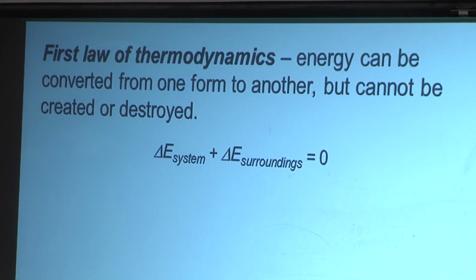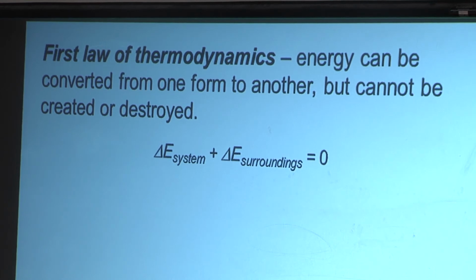It doesn't go up, it doesn't go down. It's not created, it's not destroyed. The only thing that happens is its form changes. When the Hindenburg blew up, what happened? The chemical potential energy in the H2 bonds got converted into things like heat and light, different kinds of energy.